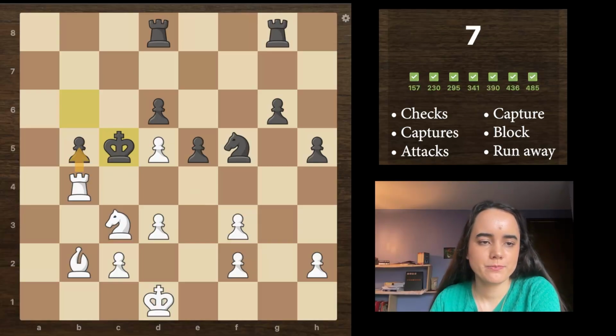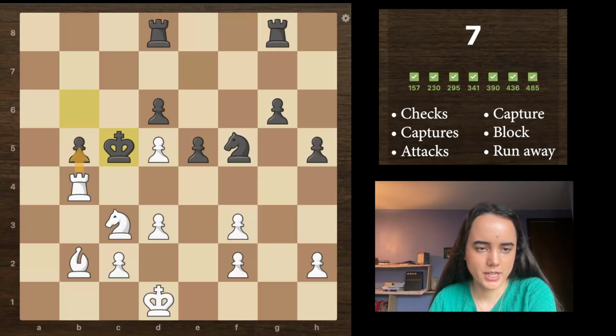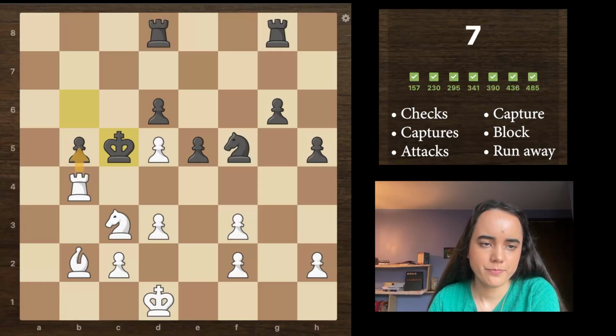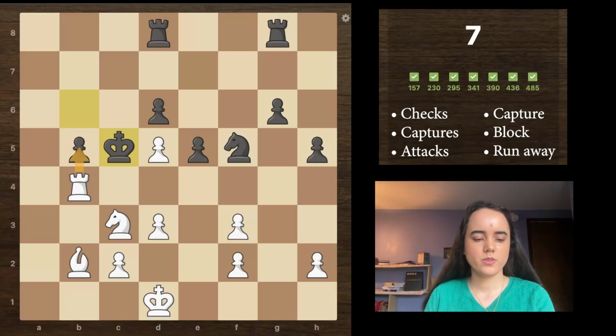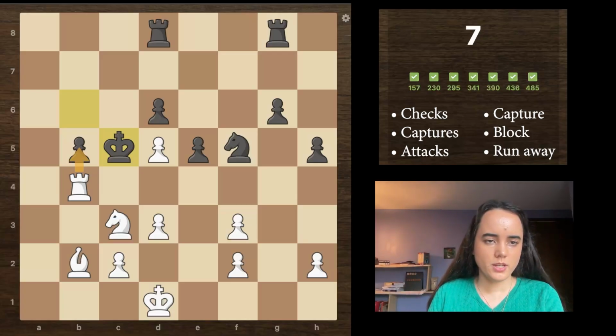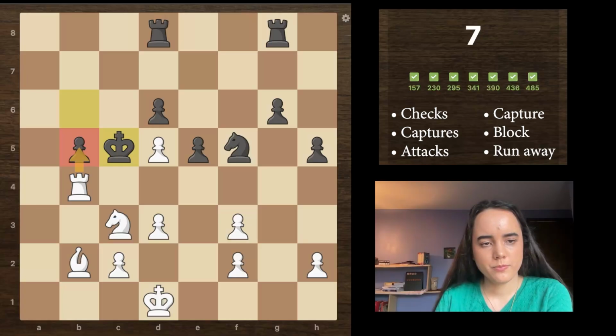All right, so let's look at this rook check. So the rook's here. Now he cannot take our rook. He cannot block. So let's look at all the moves he can do. Now he cannot go here.